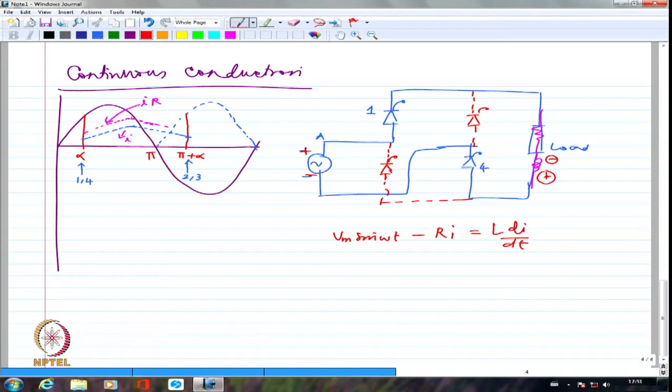So what happens is something like this. 1 is conducting, which is like a short circuit. 4 is conducting, which is also a short circuit, right? Because of these becoming like short circuits, and now I have come into the negative half cycle, which makes this positive and this negative. So this is the negative half cycle, right?